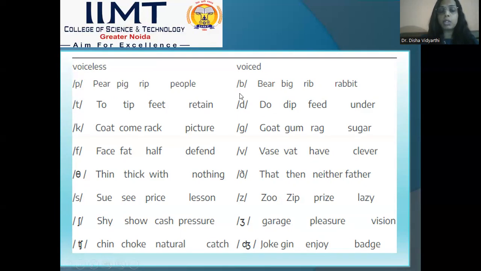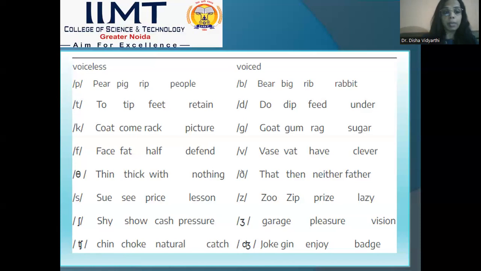So certain consonant sounds, when we produce them, have a little vibration in our vocal cords. Those come under the category of voiced, and those sounds which do not have that vibration in the process of articulating them come under the category of voiceless.